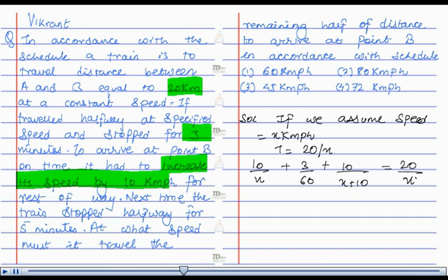So by solving this equation we get 20 by x minus 10 by x minus 10 upon x plus 10 is equal to 3 by 60, which will give you 10 by x minus 10 upon x plus 10 equal to 3 by 60.